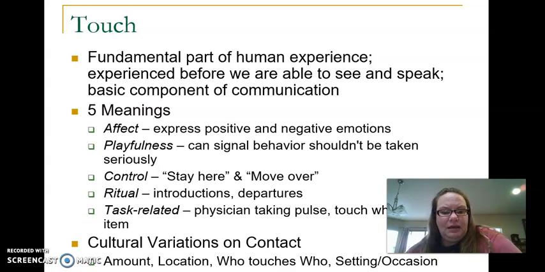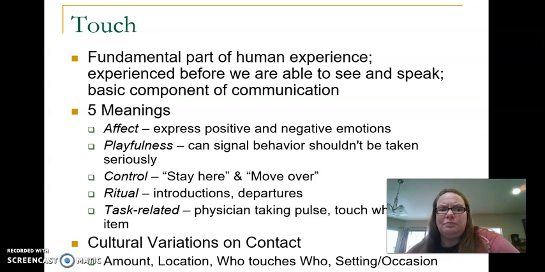Now we have a bunch of cultural variations on contact in terms of who can do it, where you can do it, and how long you can do it. Touch can vary by culture. Probably the most familiar to you might be Islamic culture and the lack of touch between males and females, especially if they don't know one another.